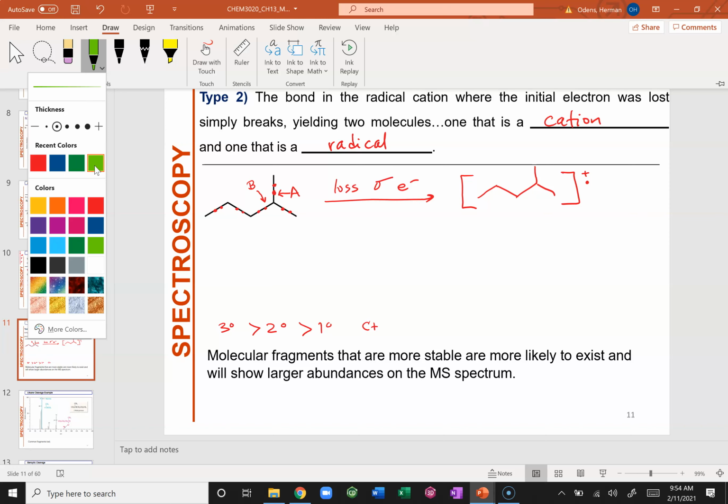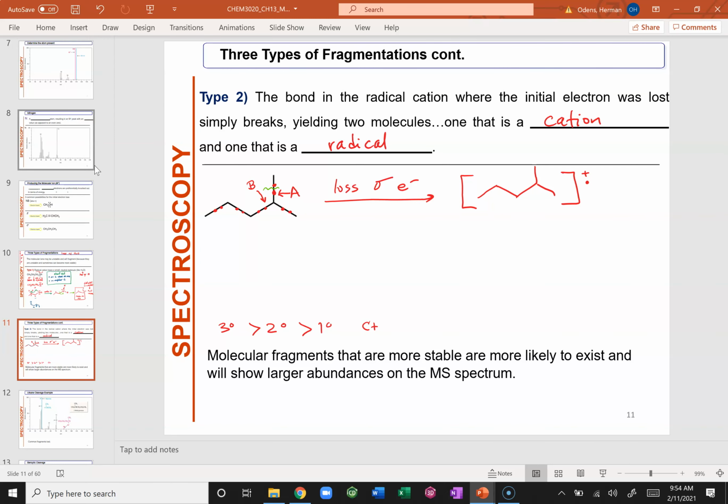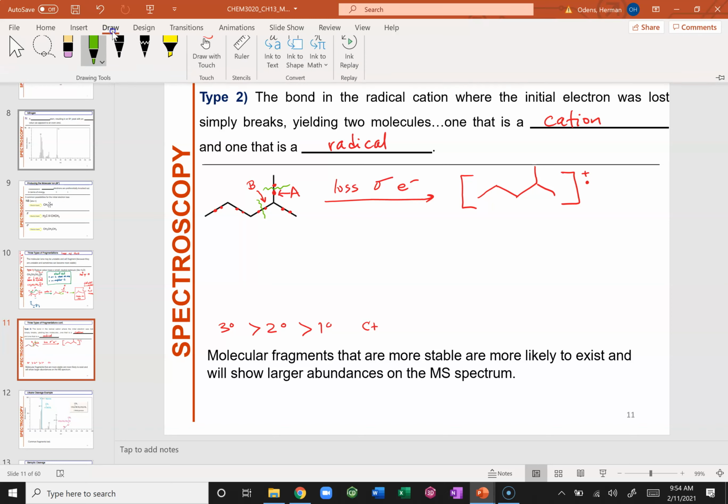Okay. So, we're going to break this molecule like that for A, and for B, we're breaking it kind of like we did it anyways. A little bit, little dab. Right there. All right.